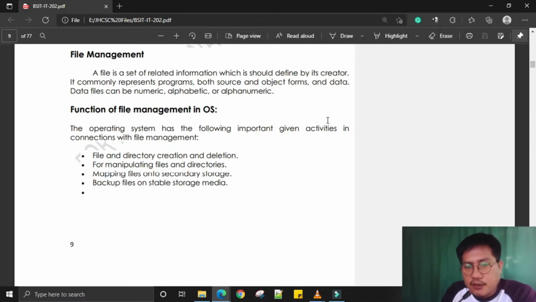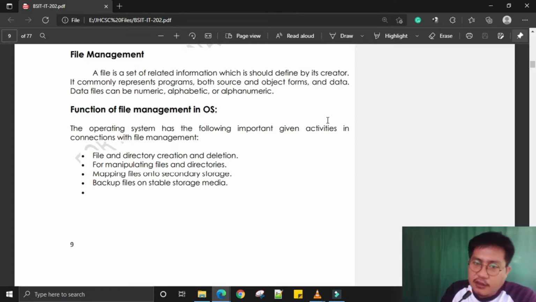Say, the file and directory creation and deletion, manipulating files and directories, mapping files onto secondary storage, and backup of files on stable storage media. When we say file and directory creation, deletion, it means that it is responsible for how your files will be created according to the data types, and how it will be saved in your device.